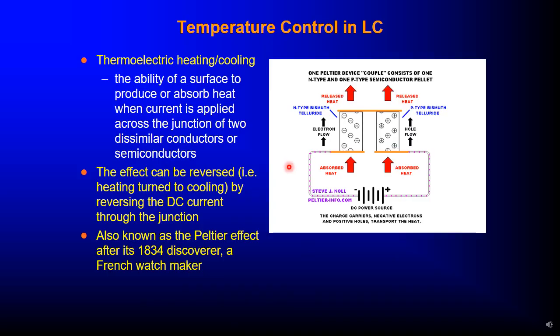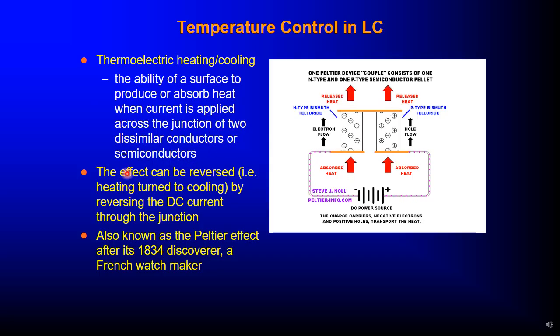Then we have temperature control in liquid chromatography. So as you can be able to see, thermoelectric heating and cooling, the ability of the surface to produce or absorb heat when current is applied across the junction of two dissimilar conductors or semiconductors.